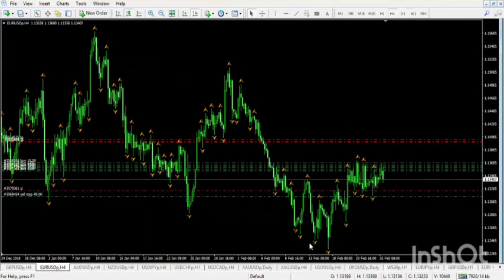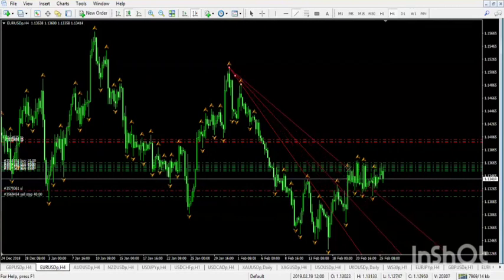So in here it's the same. We have from top to bottom, and you draw it from every single swing high. So you connect all of the swing highs that you have together. For example, in here, I connect the swing high to this, and then I connect it to my next swing high. The next one is right there.